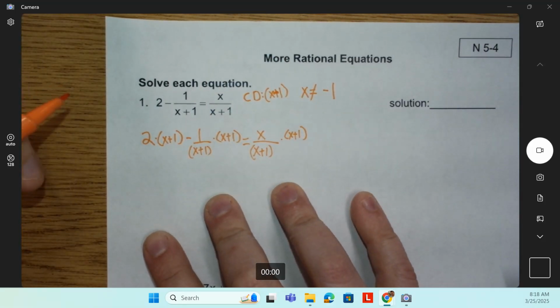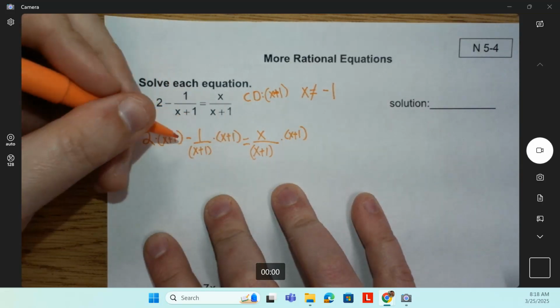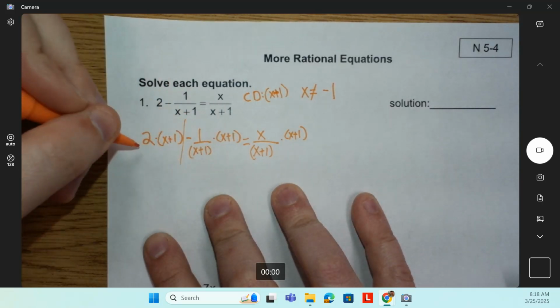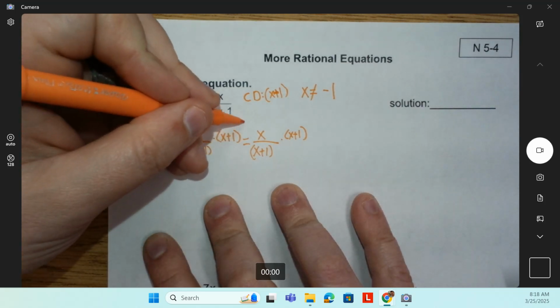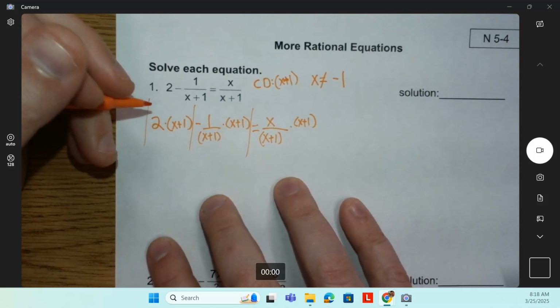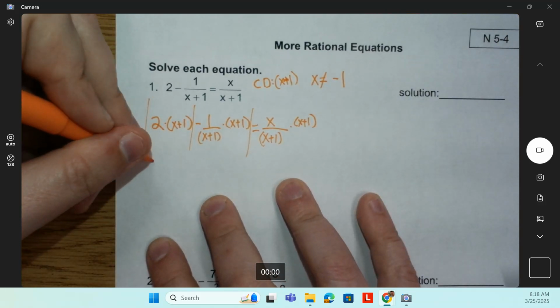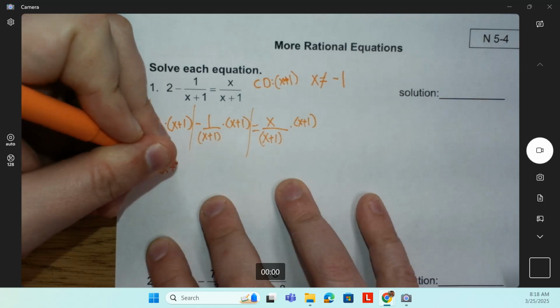Now what we can do is view each part of these as its own little set. So we will combine and simplify here, combine and simplify here, and do the same on the end there. So 2 times x plus 1 will be 2x plus 2.